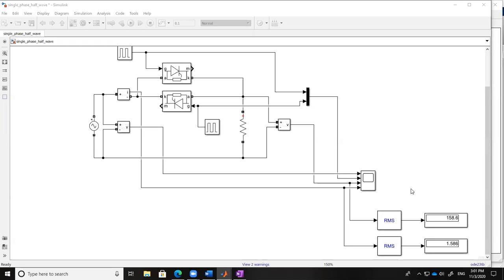So as far as the application is concerned, yes, controlled rectifiers are better than diode rectifiers. Any other query related to this implementation?